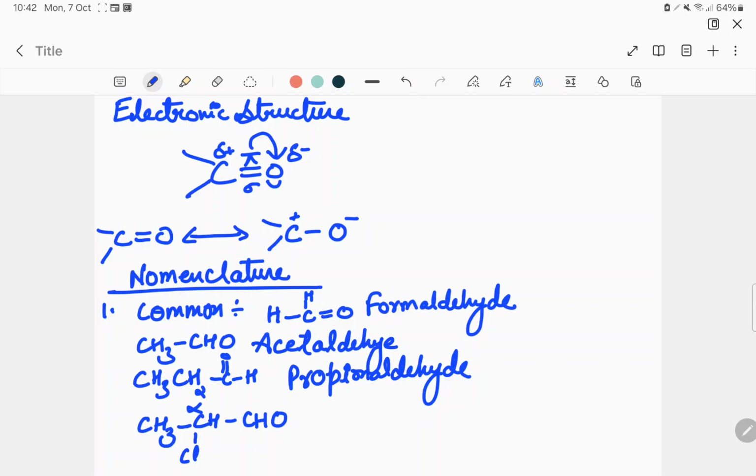This is known as alpha-chloropropionaldehyde. This is the common system. Now we will do the IUPAC system.